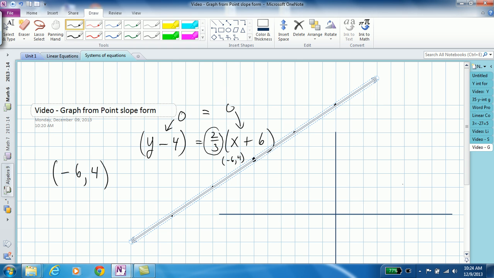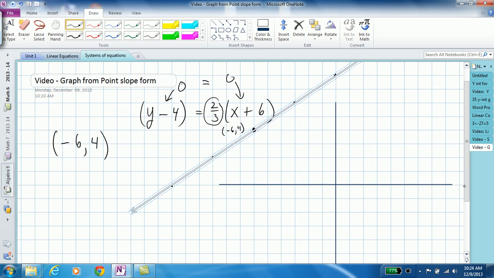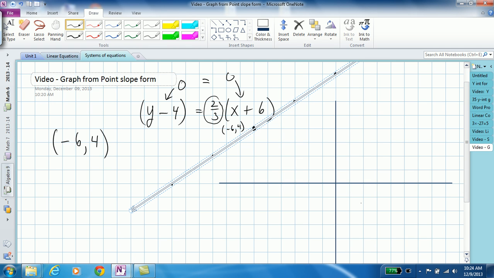Now, another thing you need to be able to do is obviously find the x and y intercepts. Here, they're fairly easy to read off and we could count, but we also want to be able to do it algebraically. So to find the x-intercept, you make y equals 0, and you solve the algebra. So in other words, if y is 0, then you have -4 equals 2/3 of x plus 6, and you solve that.